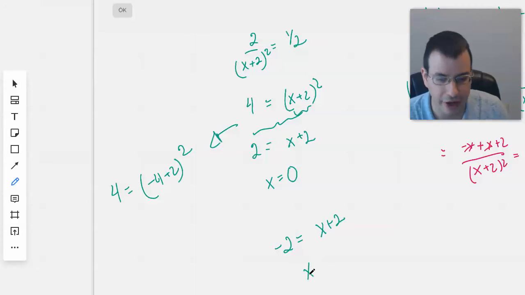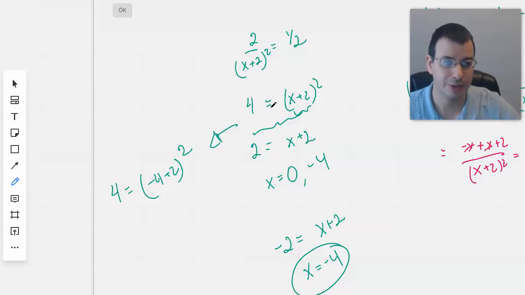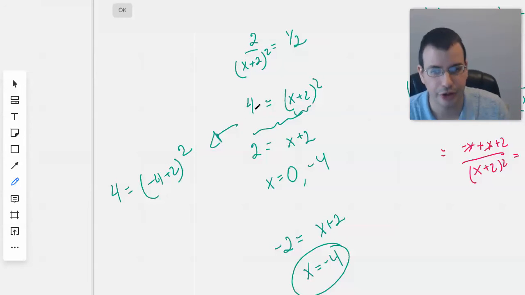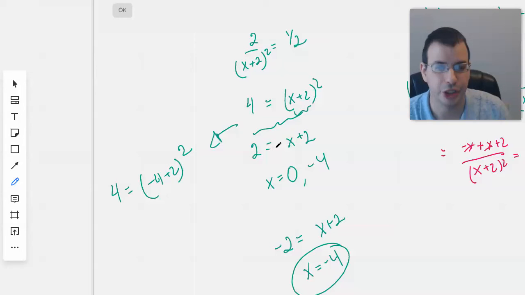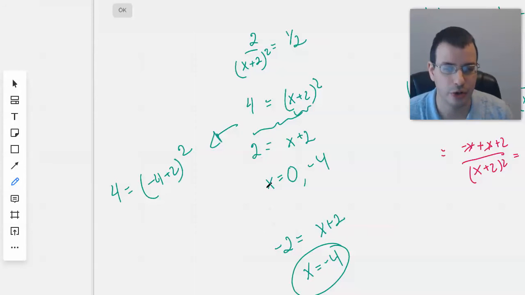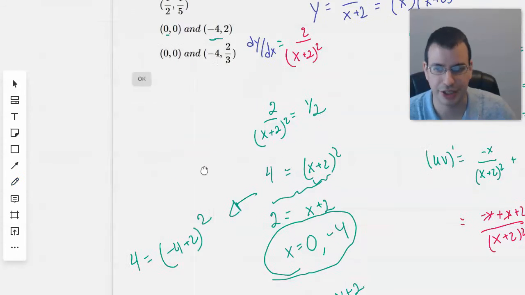And therefore, x can equal negative 4. So key point for life, when you take the square root to get rid of your square, you also have to do the negative side as well. So x plus 2 equals negative 2, or x plus 2 equals 2. And we get the two values, x equals 0, x equals negative 4.